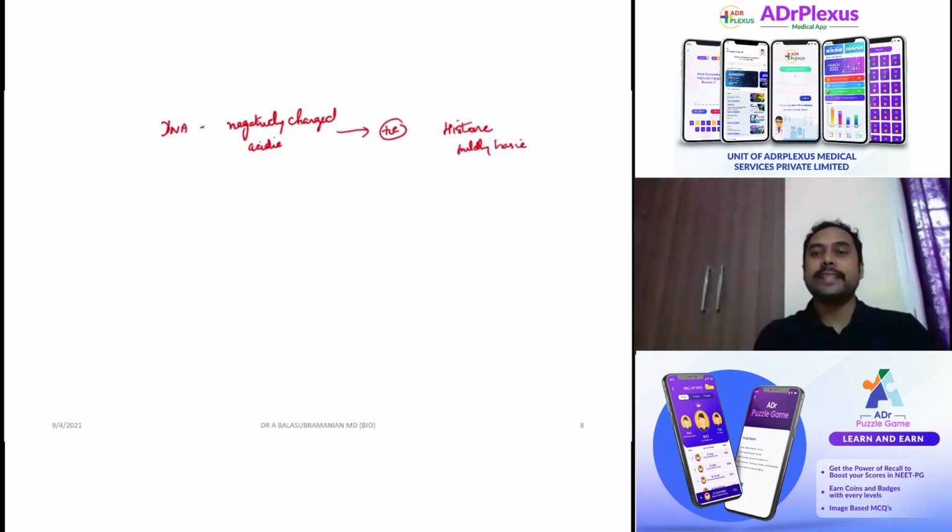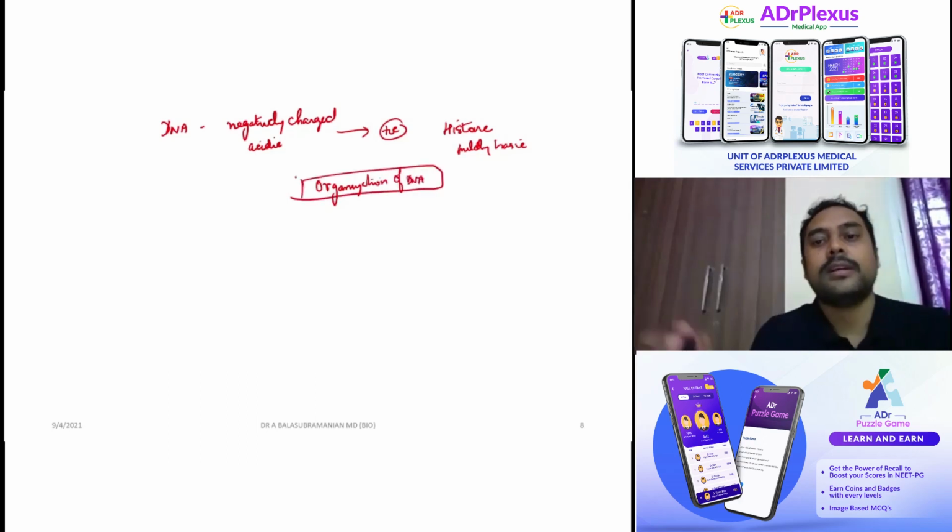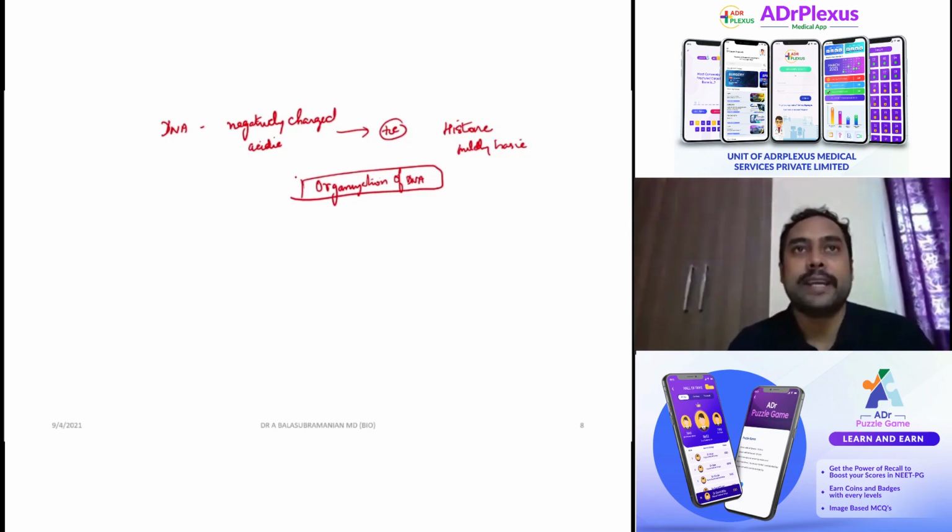Why do we need this DNA and histones to be together? That is because of the organization of DNA. Why do we need to organize DNA? Because when the Human Genome Project started decoding the human genome, they came up with a full genomic sequence of the human body.